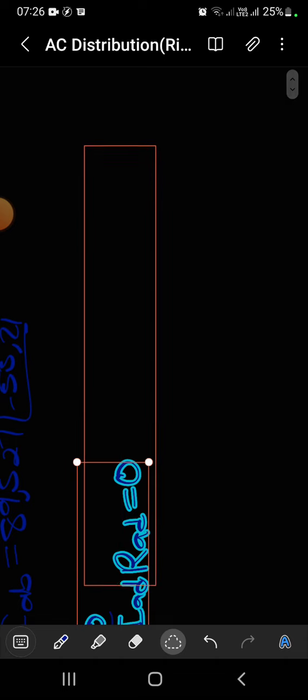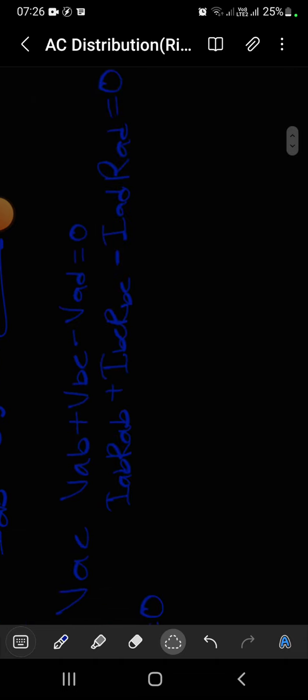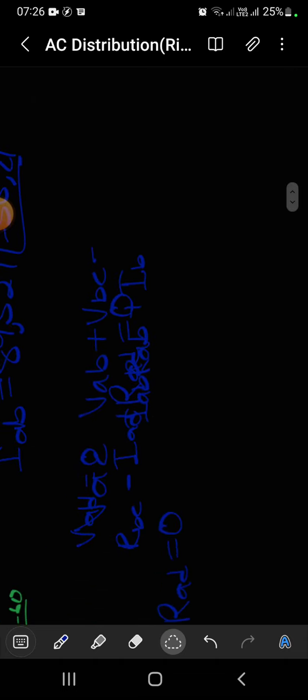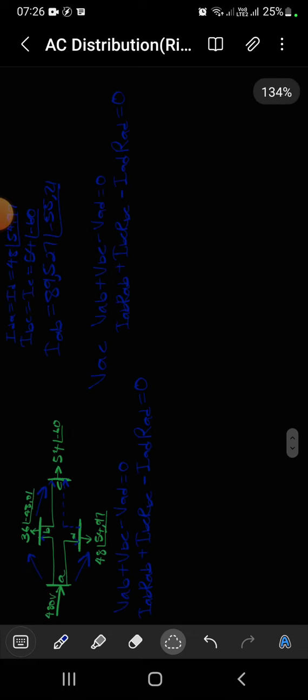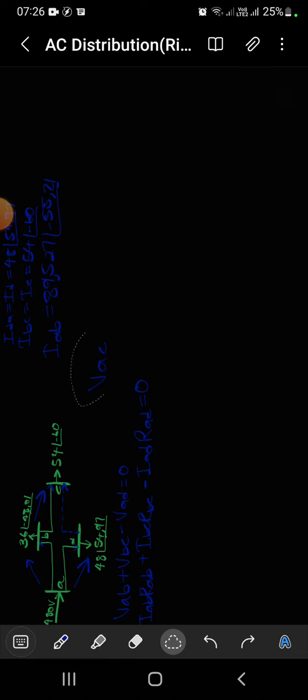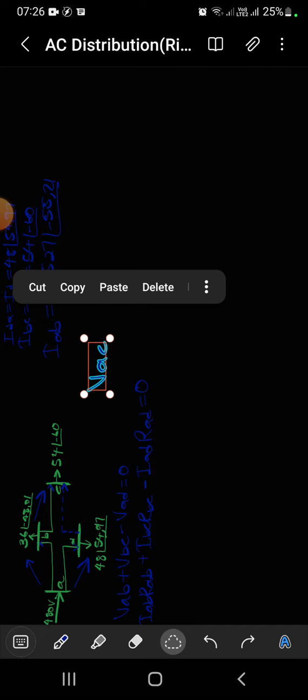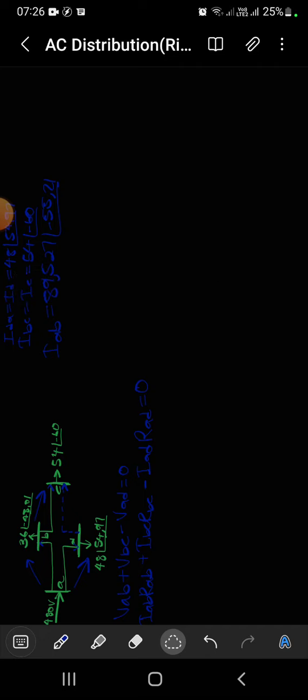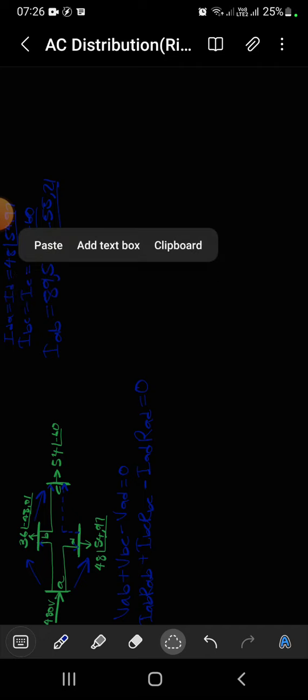I'm going to paste it just below. What happened with VAC? What is this for? I don't know, so I'm just going to remove it. Delete, paste.